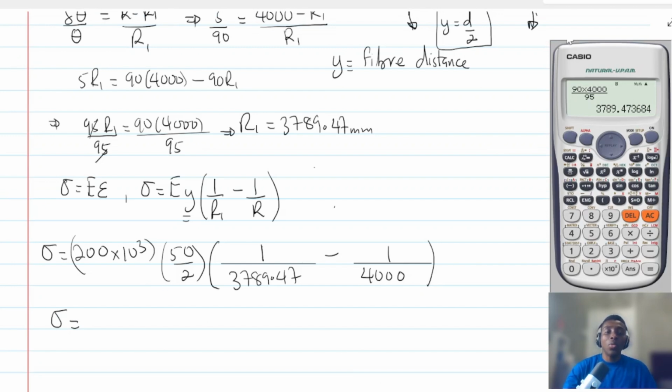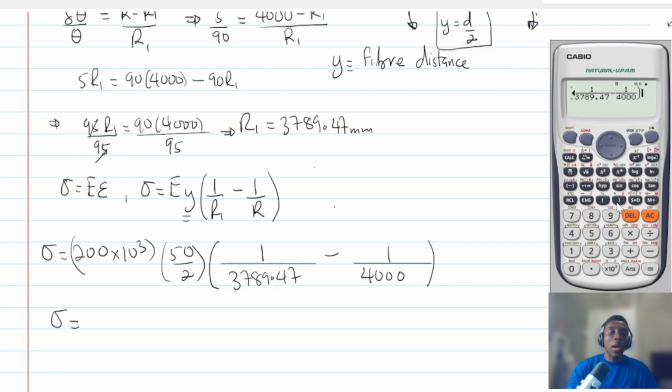So what is the answer then? 200 times 10 to the power 3, and then I will multiply this by 50 divided by 2, and then I'll multiply this by 1 divided by 3789.47, minus 1 divided by 4,000.